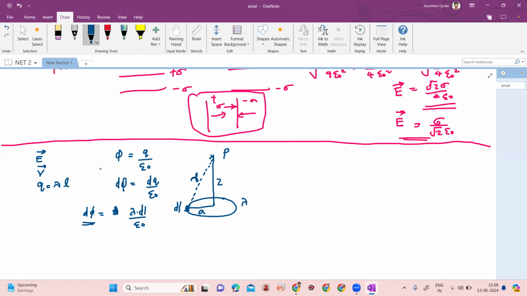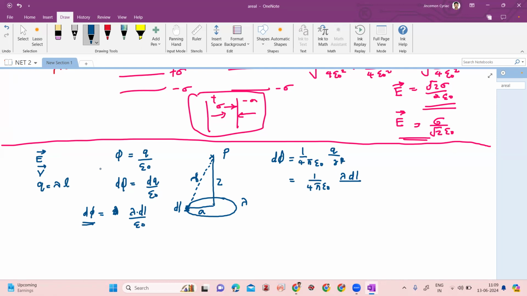That means the change at any point is equal to 1 by 4 pi epsilon 0 q by r square, or for the potential, 1 by 4 pi epsilon 0 lambda into dl by r, that is q by r.